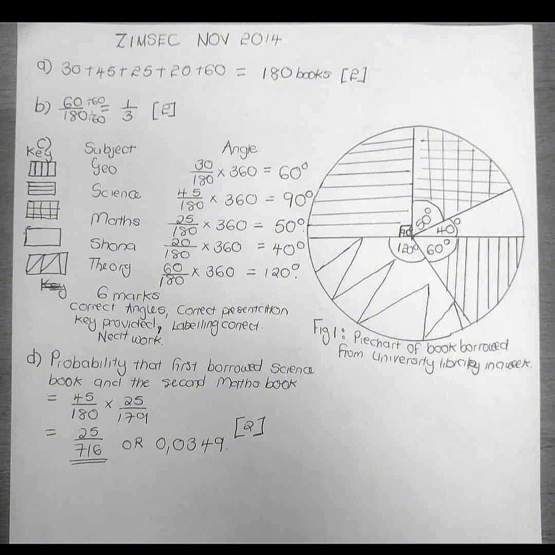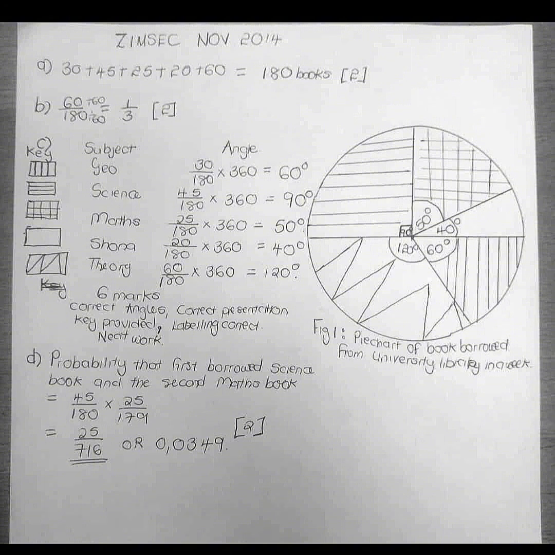So for the angle of geography, we are going to say 30 over 180 times 360 in order to get 60 degrees. And then the angle for science, we're saying 45 over 180 times 360 in order to get 90 degrees. And then the angle for maths, we say 25 over 180 times 360 in order to get 50 degrees.